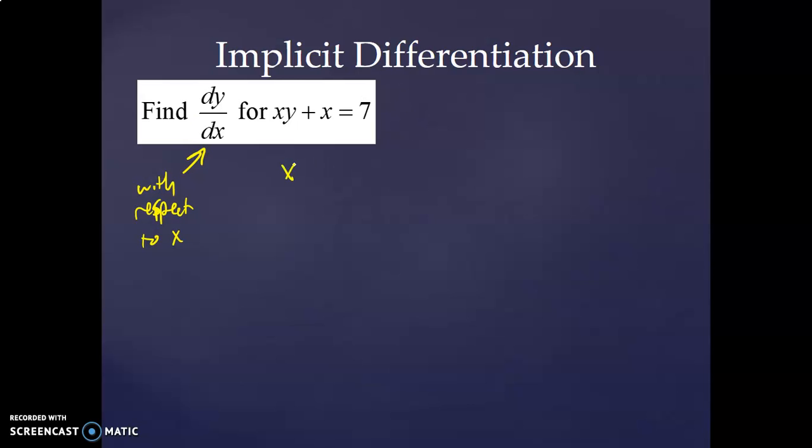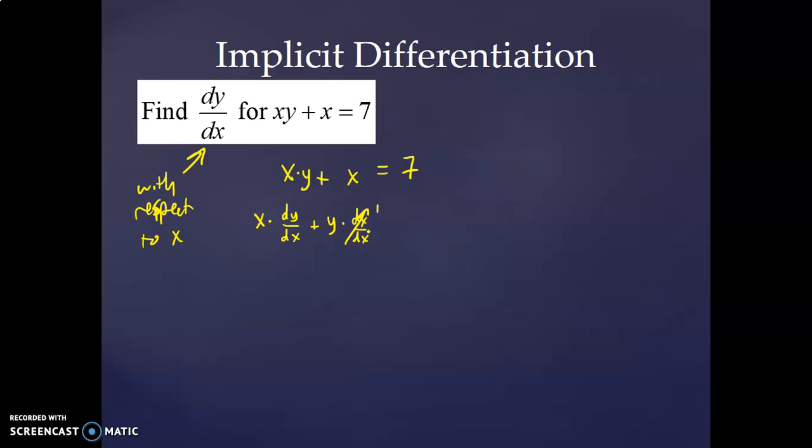So let's write this equation out again and then use implicit differentiation to find the rate of change of y with respect to x. Okay, so x times y, I'm going to need to use the product rule here. So x times the derivative of y with respect to x, plus y times the derivative of x with respect to x. dx/dx is always going to be 1, so you don't have to write that, or you can write it and then just show that it goes to 1.